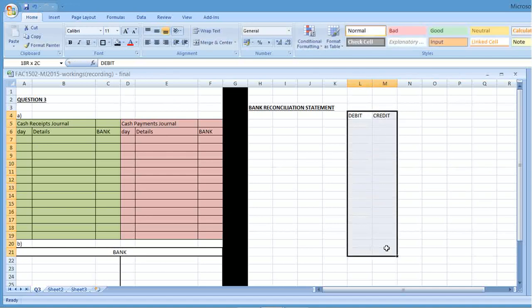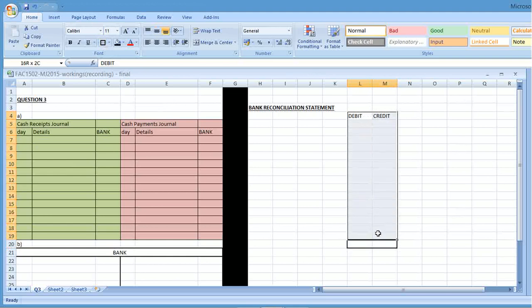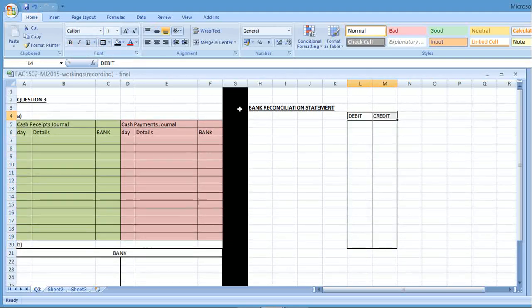Debit and credit. And that's C. Okay, so now we're ready to actually look at the question and get all our marks for the bank recon.